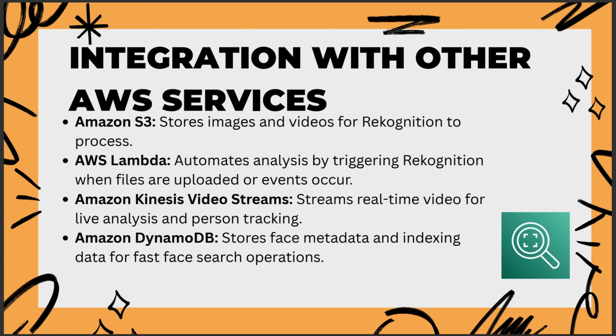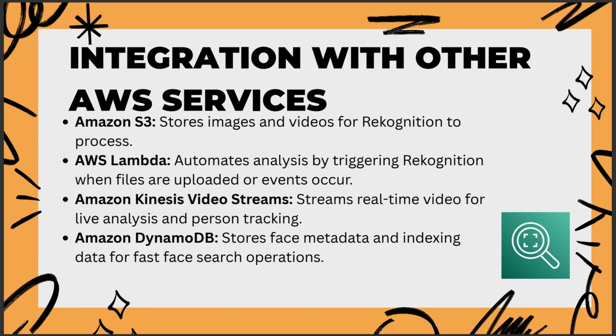All right, lastly, before we go into the demo on the AWS console, let's look at some of the ways that AWS Rekognition integrates with other AWS services. First of all, Amazon S3 lets you store images and videos that Rekognition can process. AWS Lambda lets you automate the analysis by triggering Rekognition when certain files are uploaded or certain events occur.